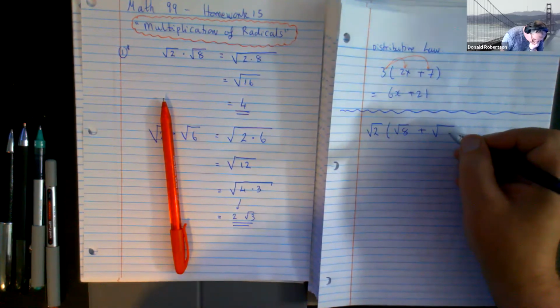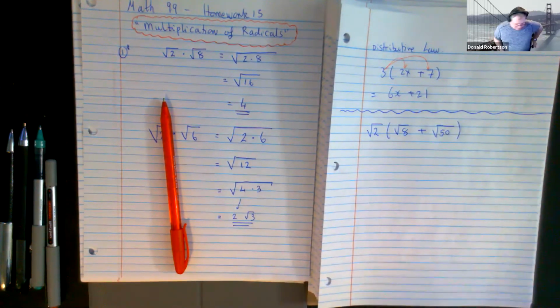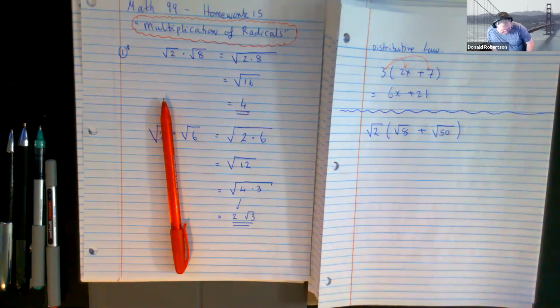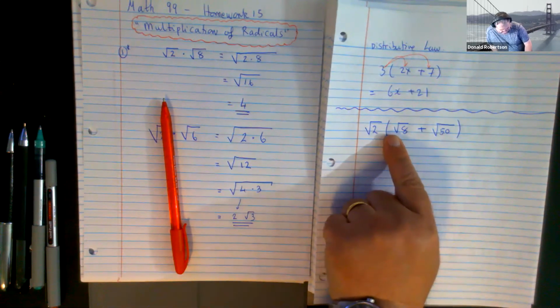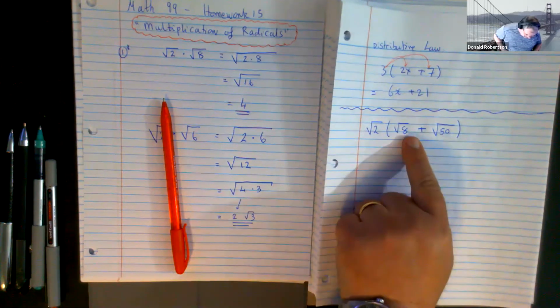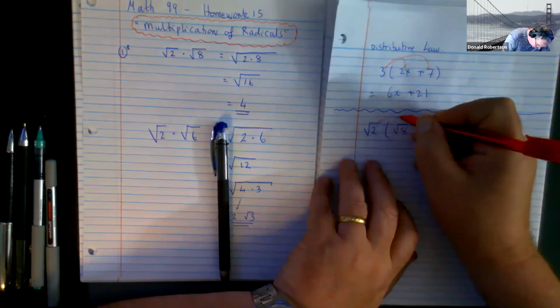Try to think of a nice example here. So we're being asked to simplify this multiplication. It's the square root of 2, some brackets, and these two guys added. The way it's going to work is you're going to do the distributive law on it.